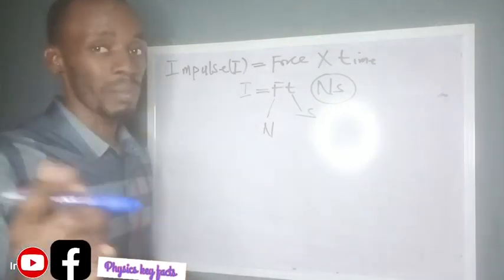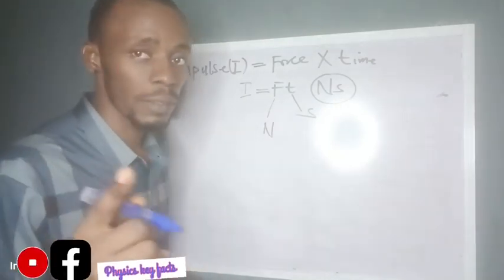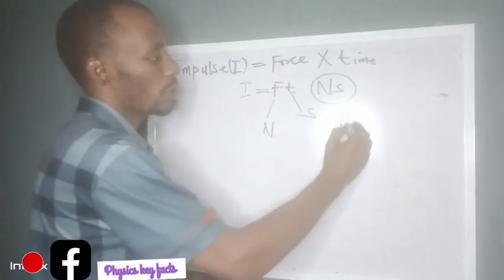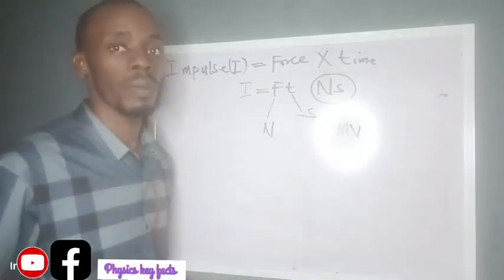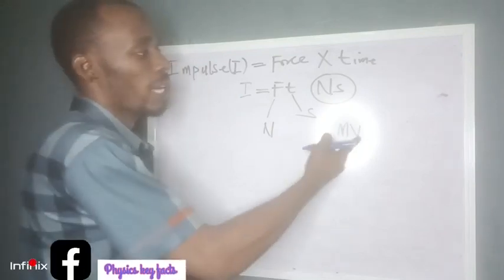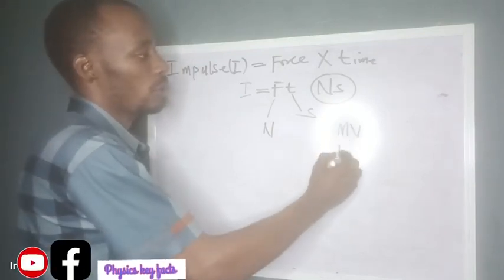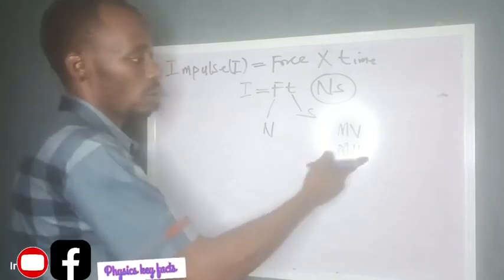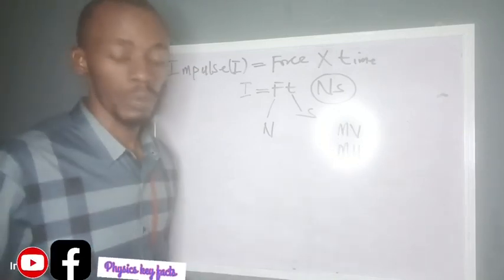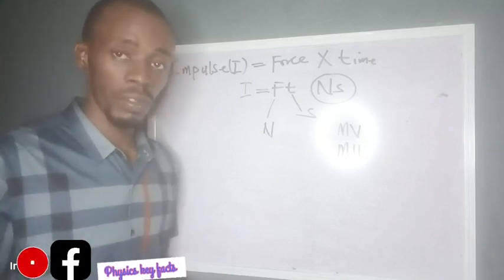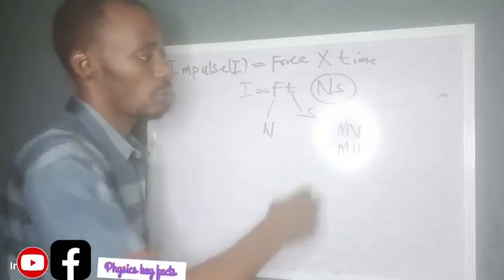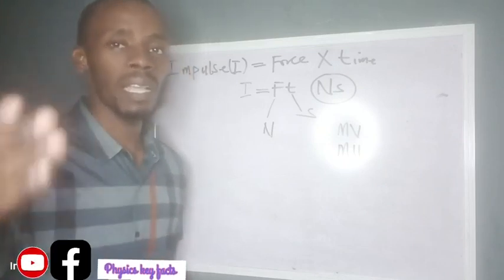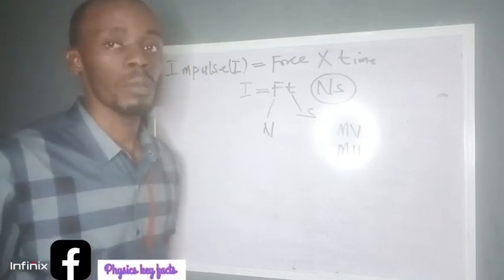So remember that in our previous video, we said that momentum is the product of mass and velocity. So whether final velocity or initial velocity, it is still momentum. So far as that velocity has mass attached to it, it is still momentum.